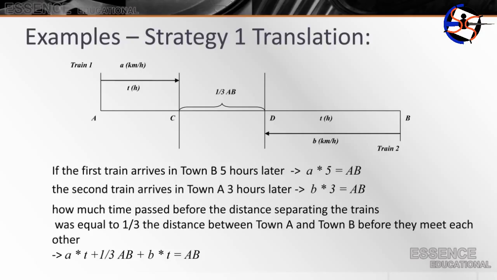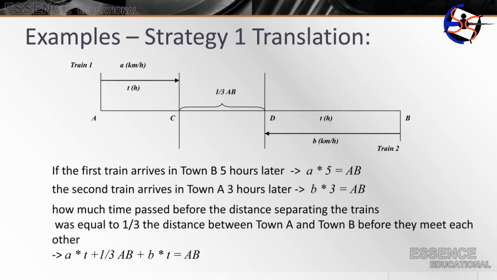Then the second train arrives in town A 3 hours later. Very similar. So B kilometers per hour, 3 hours, is also equal to AB. So B times 3 equals AB. Then the question is, how much time passed before the distance separating the trains was equal to 1/3 the distance between town A and town B before they meet each other?